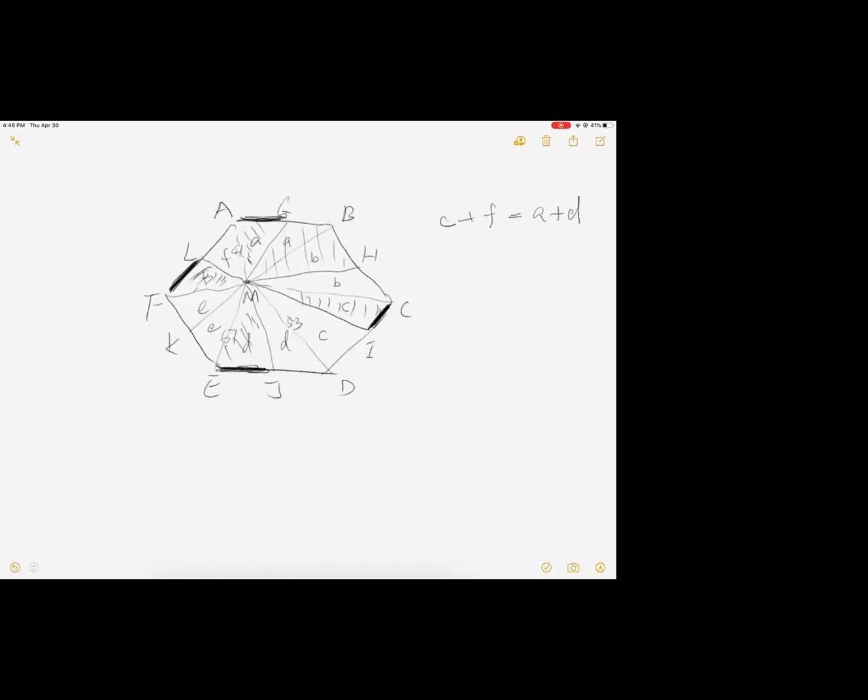If you calculate the area of this C, it will be base times height divided by 2, and this F will be base times height divided by 2. If you add up these two heights, it is the distance from AI to CD, and that distance is the same as the sum of these two heights, right?